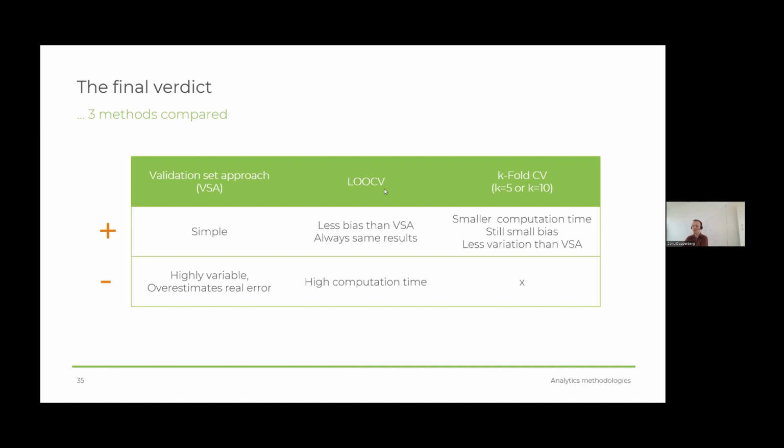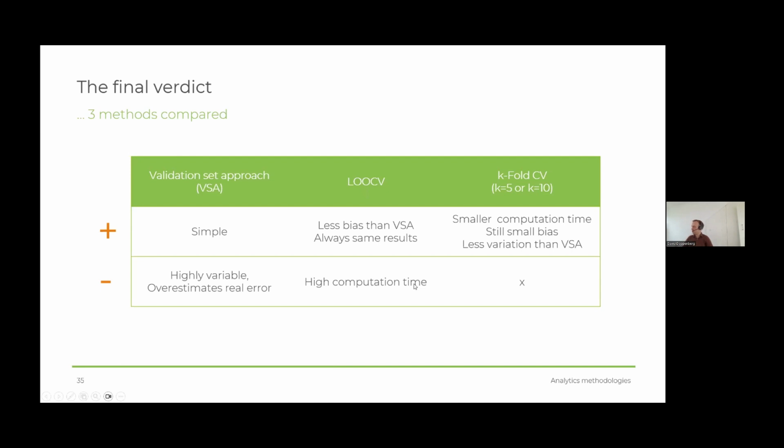One issue with leave-one-out cross validation is that it has very high computation time. And this is also where the size of your data really matters. So suppose you would have 3 million data points. What you're going to do with leave-one-out cross validation is leave out one data point and then train on the other 2,999,999. I think you get the picture. So you're going to make a lot of replications.